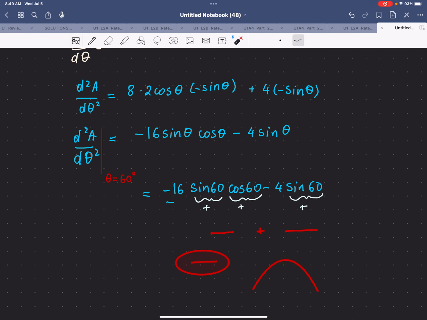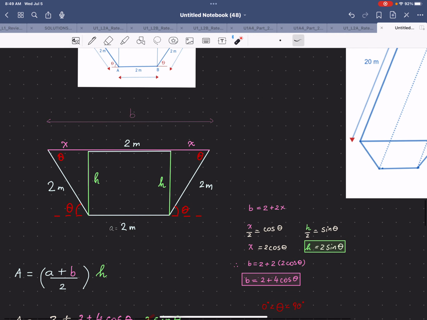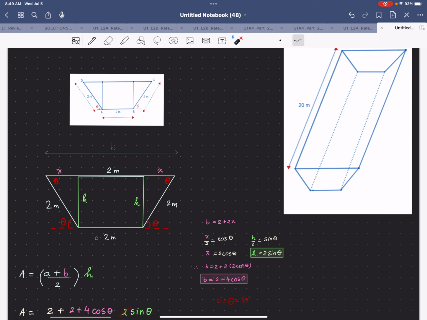Now, since this is not just any ordinary point, this is a critical point or a turning point, it means that this point will be right here on top. So that will mark a maximum for this function, and this is how we prove that at angle theta equal to 60, we'll have the maximum area of the trapezoid, so of the base, which will provide the maximum volume of this trough.